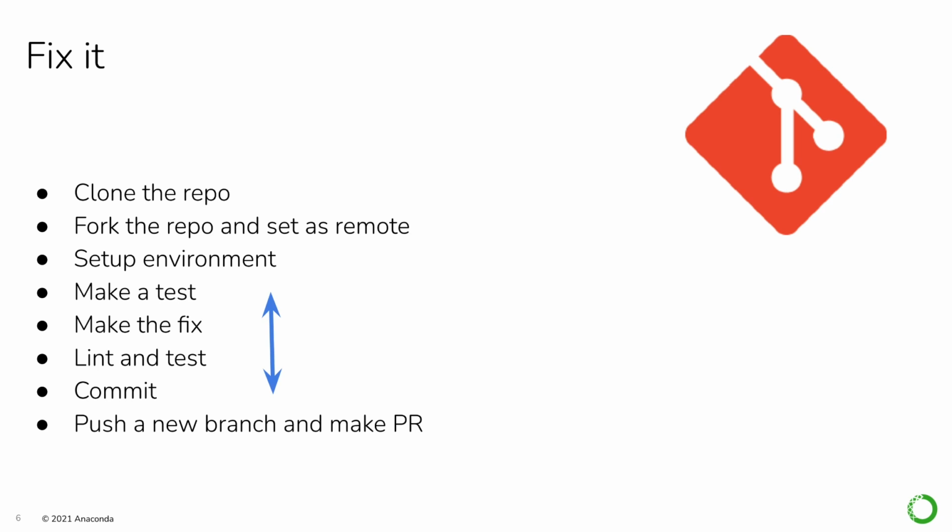Often the test comes first because there is a recognized problem that you're trying to fix. Sometimes if you are making an improvement, you might make the fix first and then a test to show that it works. You will also want to make sure the tests are included, that they run, and that your code adheres to any style requirements in the repo, often called lints. So that's flake8 and formatting, various things might be included there.